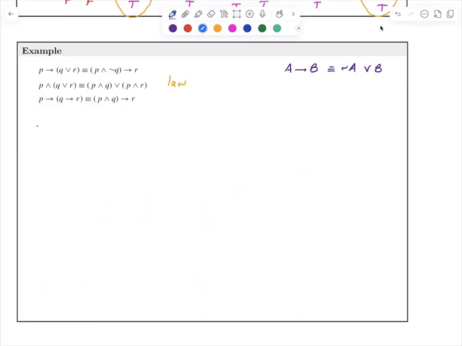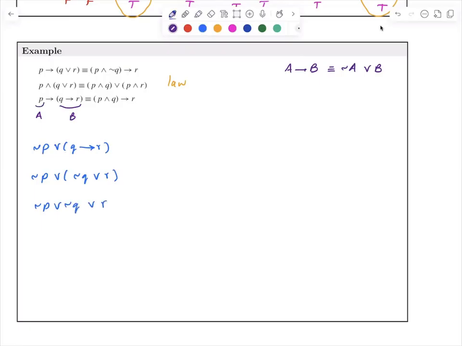I have A, which is P. This is my P. Let's just label this so you can identify this a little bit easier. A, B. So on the left-hand side, you get not P or Q then R. But inside the parentheses, you still have implication. So you can write it as not P or not Q or R. So basically what you have is not P or not Q or R, right?